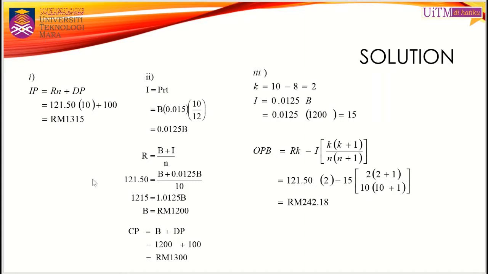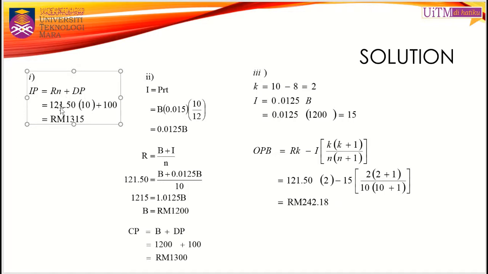The first part is asking you to find the installment price. We have 3 formulas that we can use, and the most appropriate formula is the last formula in the previous slides, that is Rn plus DP, which is the monthly payment multiplied by the total number of payments plus the down payment.